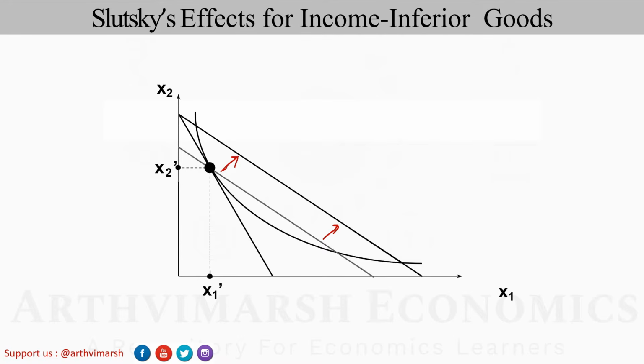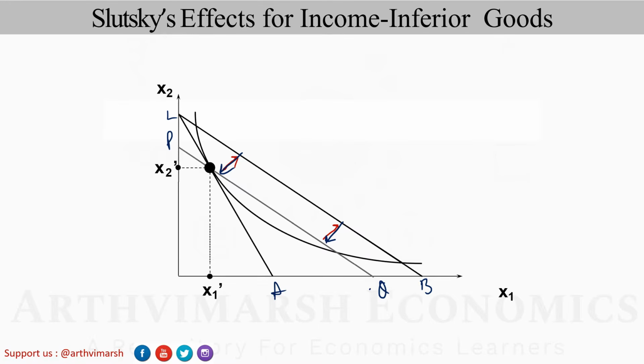This is represented by this budget line, and from Slutsky's question of how much compensation should be there, or how much income should be taken away to get back to the original consumption point, we show this with the shift of the budget line backwards, which is this budget line, let us say PQ. This was LA, this is PQ, and the initial budget line was LA and LB.